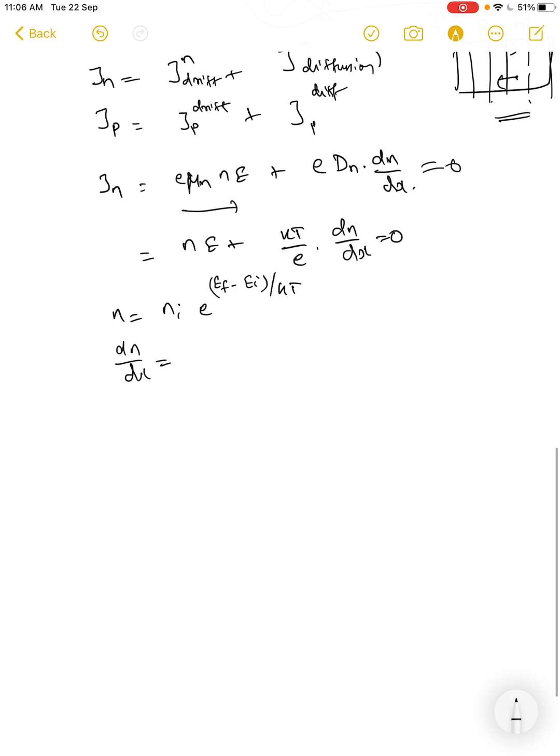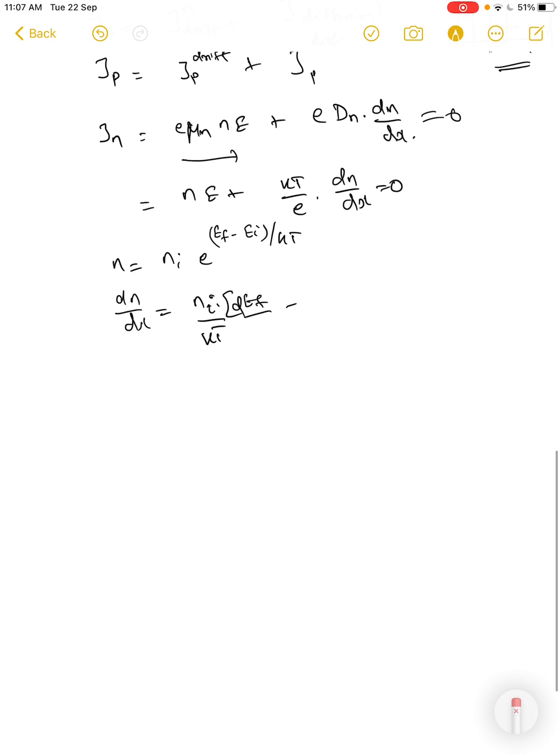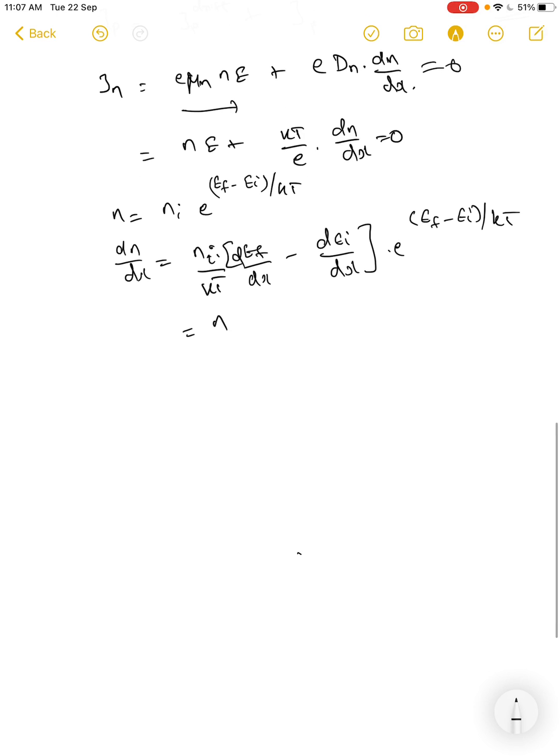And dn by dx is ni e^((Ef minus Ei)/kT) times 1/kT times dEf by dx minus dEi by dx, which again comes out to be n by kT times dEf by dx minus dEi by dx. And what is dEi by dx?